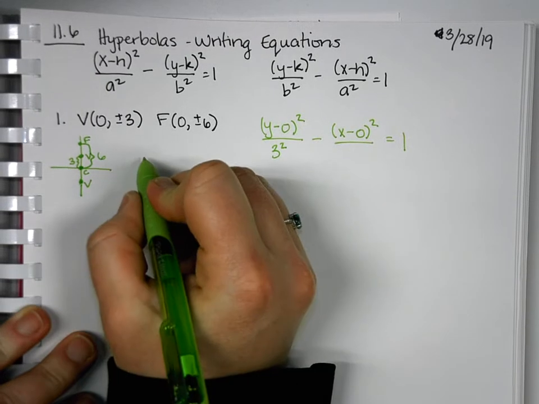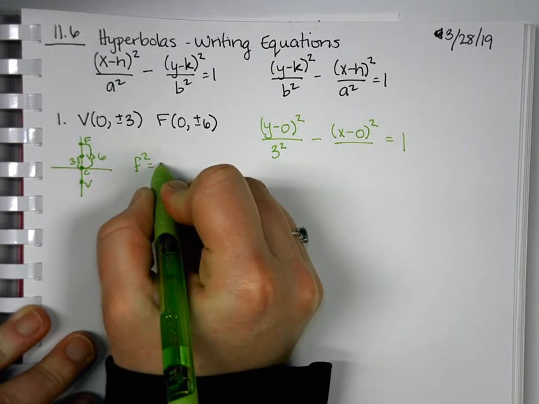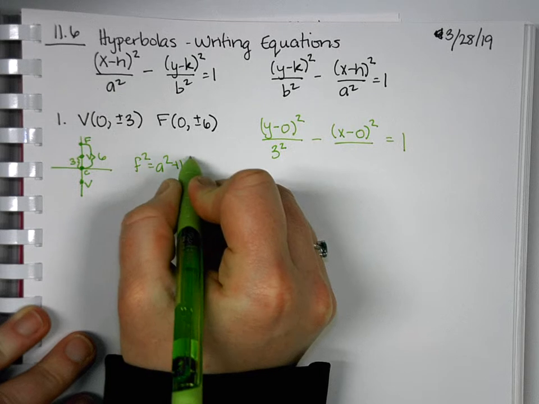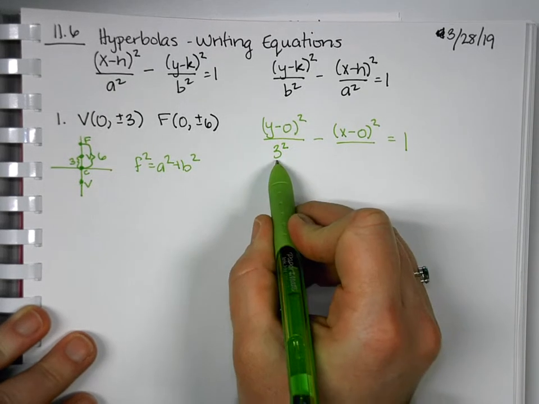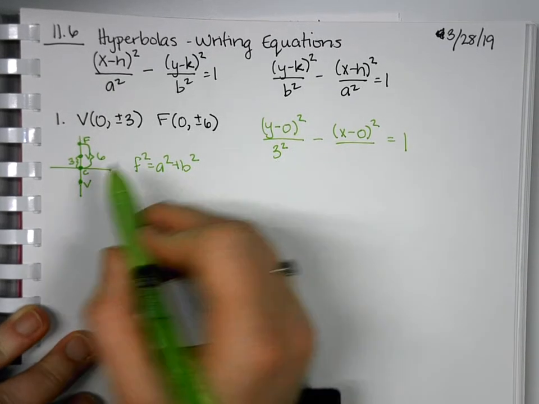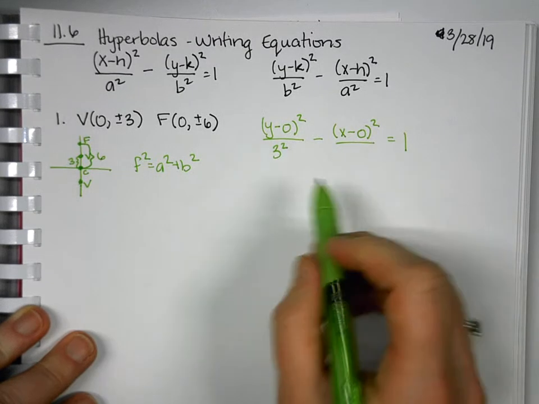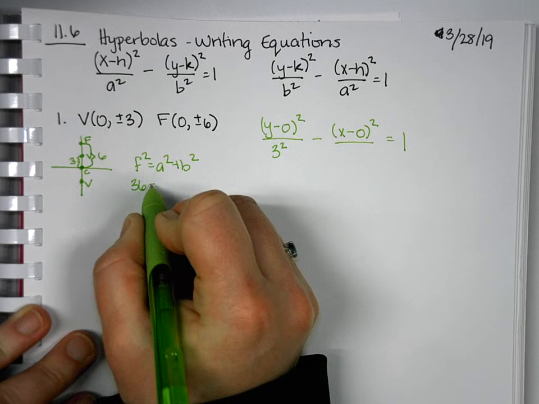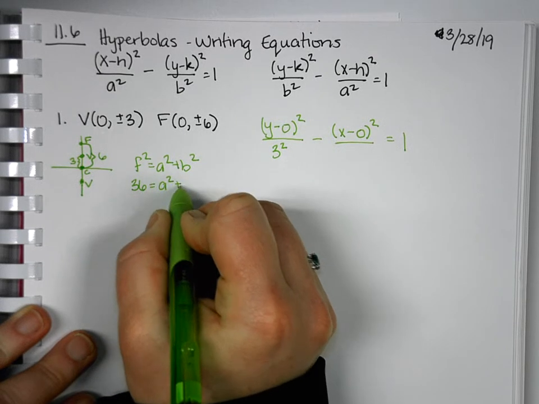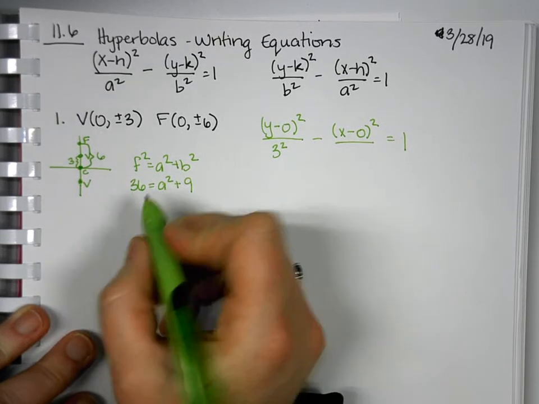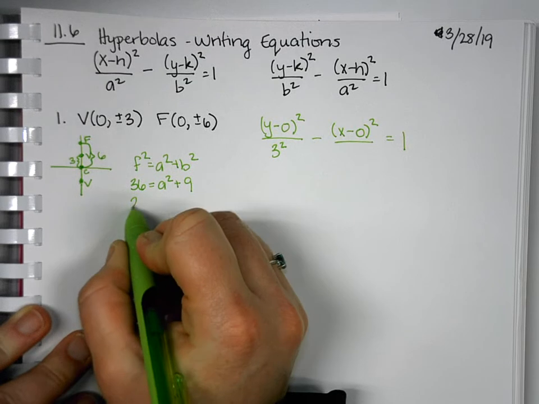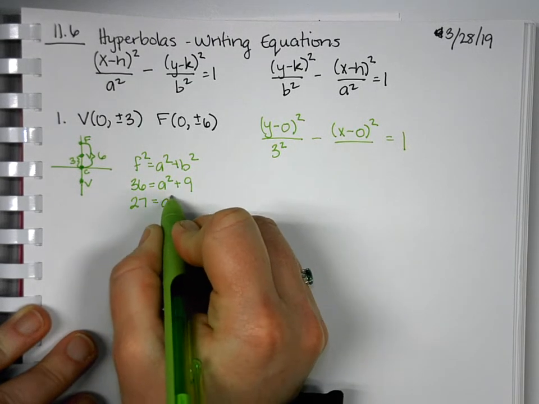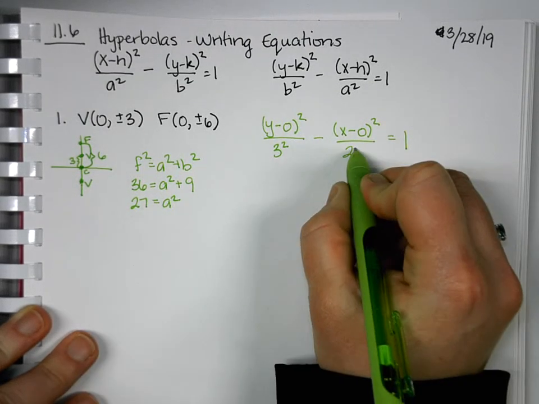So if I use the f squared equals a squared plus b squared formula, I have my b squared, it's 9. I'll have my f squared, that'll be 36, and I can solve for a. So 36 equals a squared plus 9. Subtract 9 and we get 27 equals a squared. Well, that's what I need to know here.